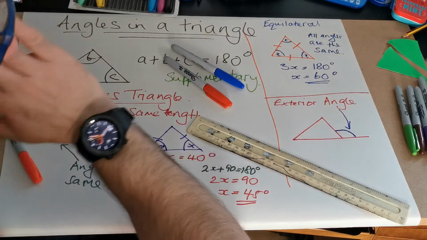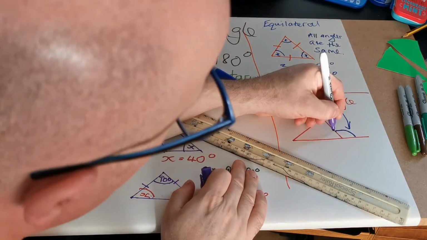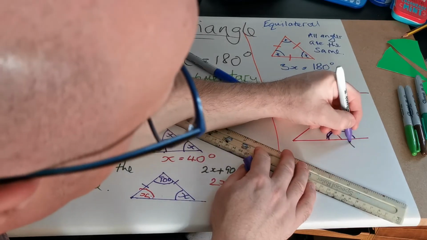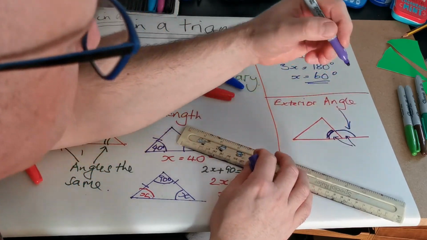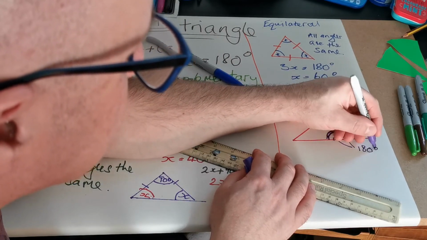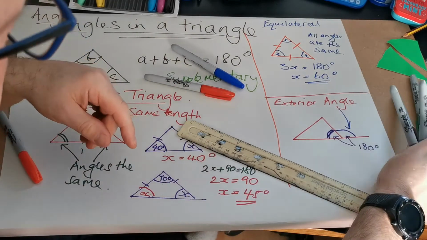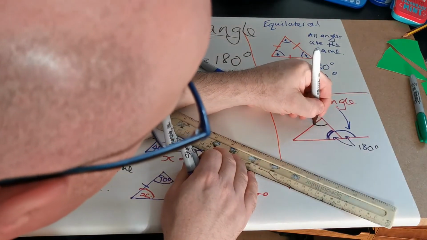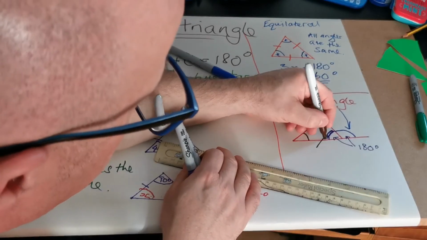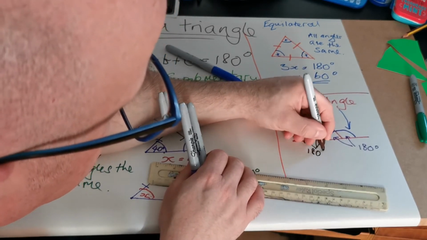So it's like we've got a straight base and we've got this exterior angle on top. Now what I know is that these two angles are on a straight line, so they're supplementary, so they make 180 degrees. Now I also know that these angles here, along with this one, make 180 degrees too.